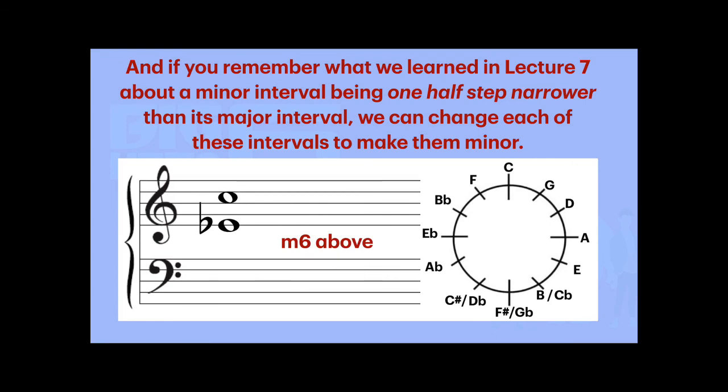We need to make this interval 1 half step narrower by adjusting the top pitch, which is a C. In order to do this, we need to bring the C 1 half step closer to the E flat. And we can accomplish that by putting a flat in front of the C. A C flat is a minor sixth above E flat.